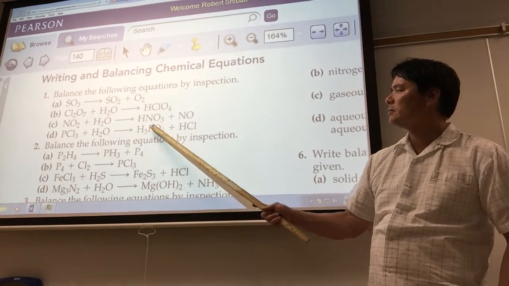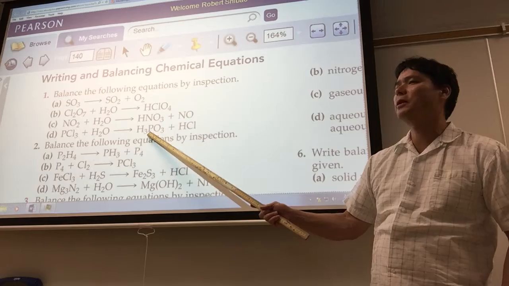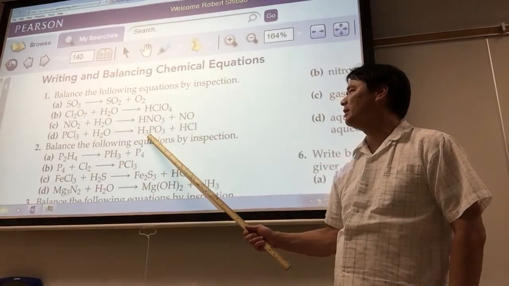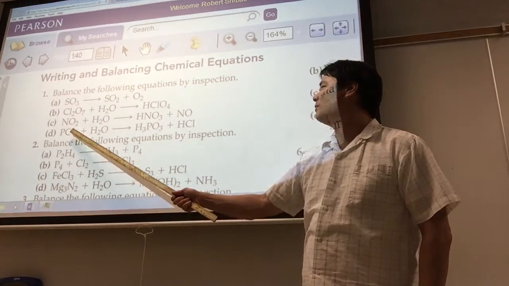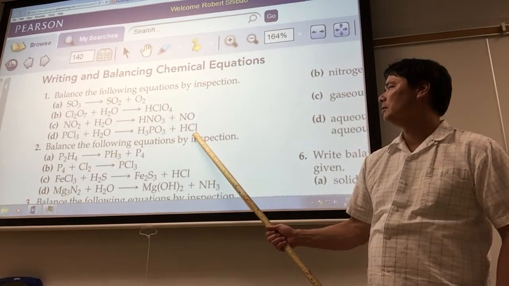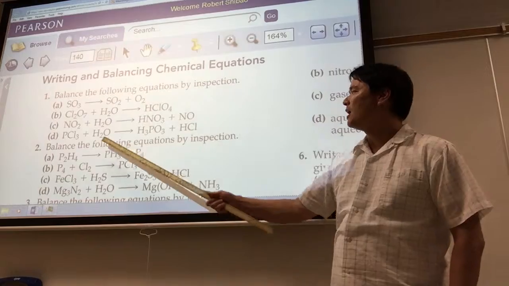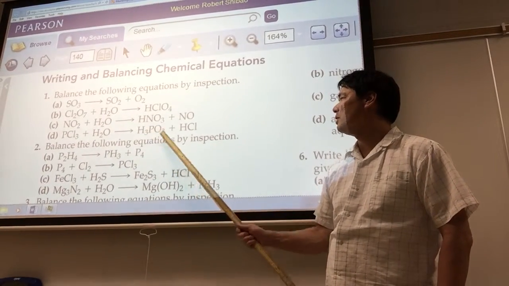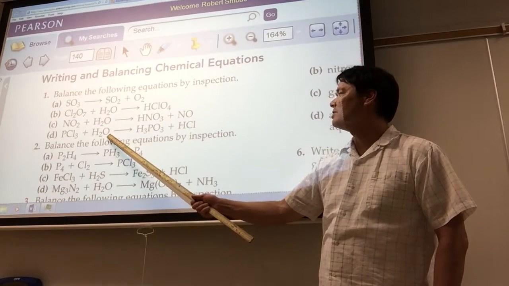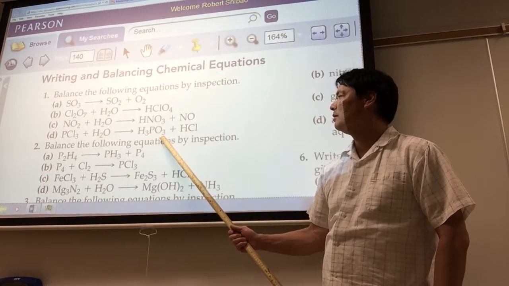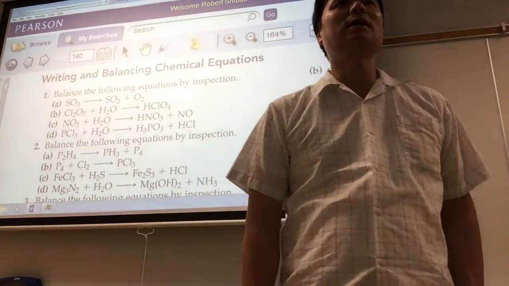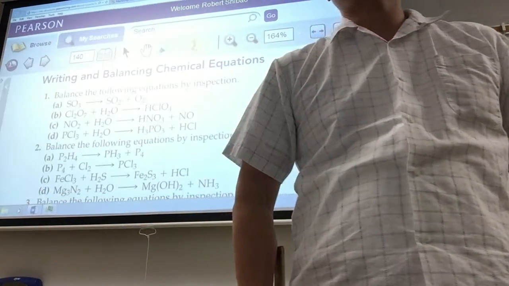So -6 plus 3 is -3. This has got to be +3. So we went from +3 to +3. Chlorine went from -1 to -1. Hydrogen went from +1 to +1. Oxygen went from -2 to -2. So none of the oxidation states changed. This means it cannot be a redox reaction.